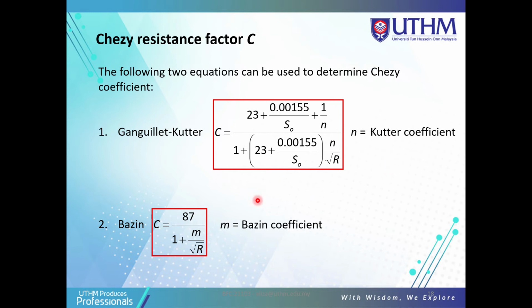And also we use the formula of Bazin to get the C. So don't worry, all these formulas are given. If the value of C is not given in the text, you must find C first and use the Chezy equation to find the Q or V.